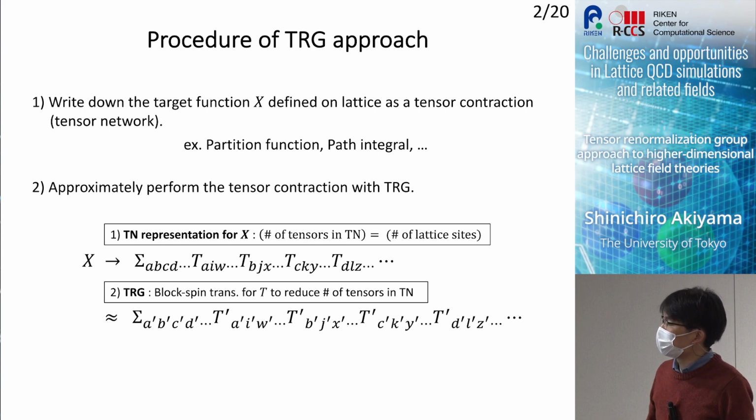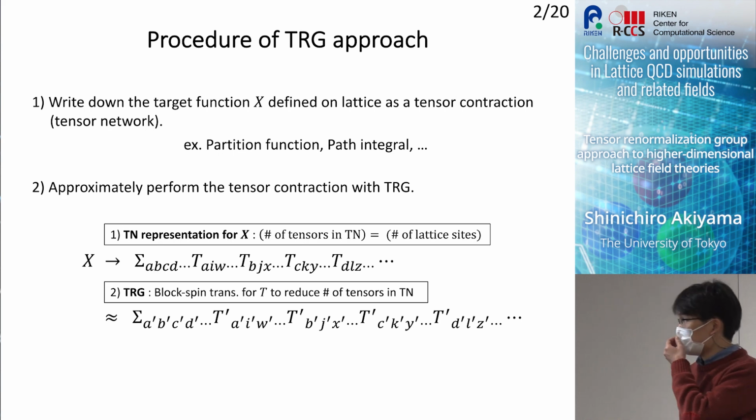Here is the schematic view of these two procedures. We have a target function X that we want to evaluate numerically. Firstly, we re-express this function in a tensor network form like this. In the right-hand side, typically the number of tensors appearing in this tensor network corresponds to the number of lattice sites.